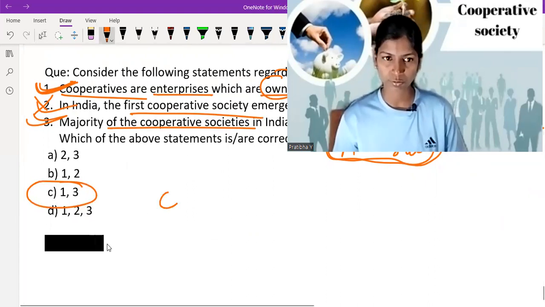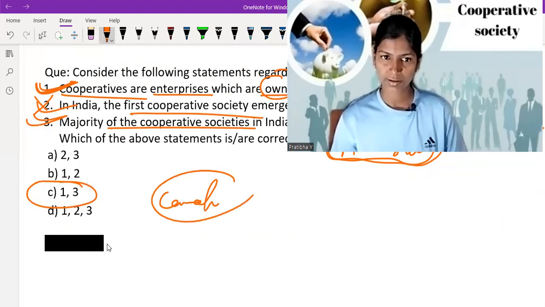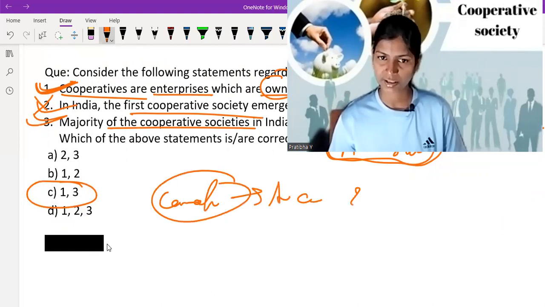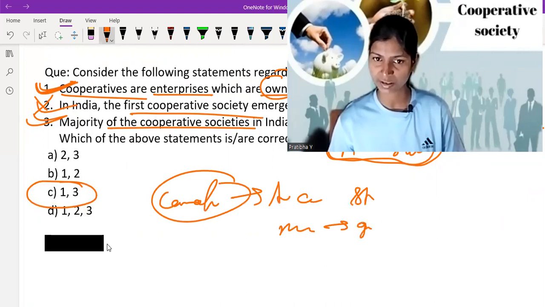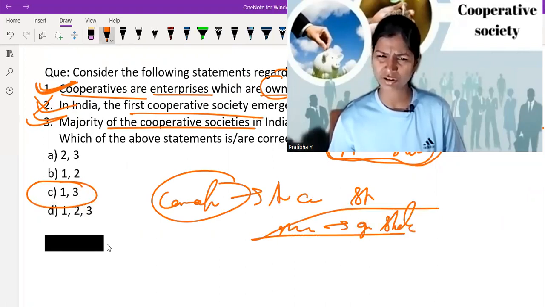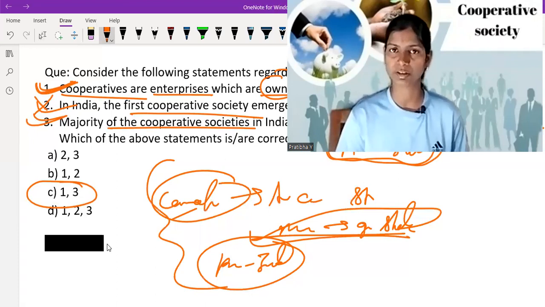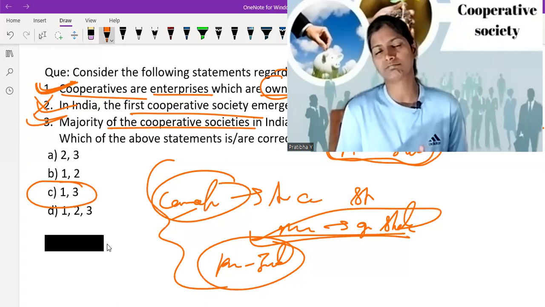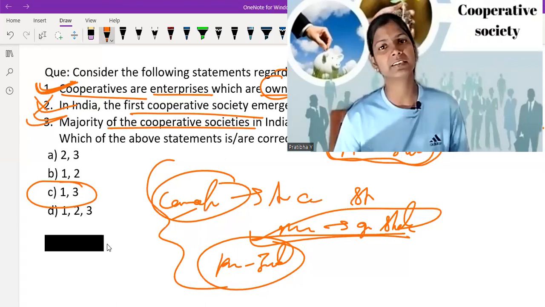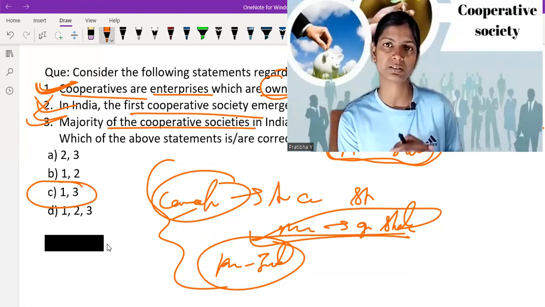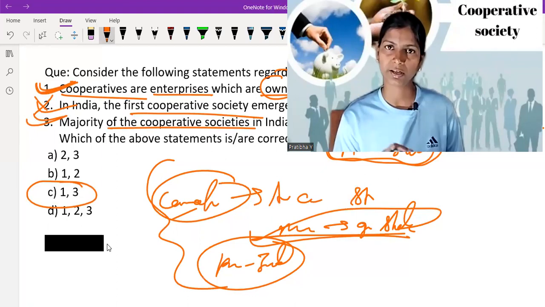So remember about cooperative societies: agriculture and cooperation is in the state list, the majority of cooperatives are governed by state laws in their respective state, and we see cooperatives in the pre-independence era also. These are important points to remember, and if anything is asked about cooperation, you must write down these important bullet points or keywords in your answer.